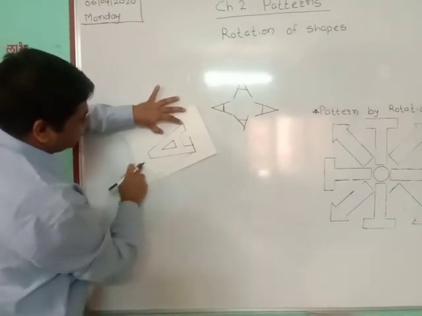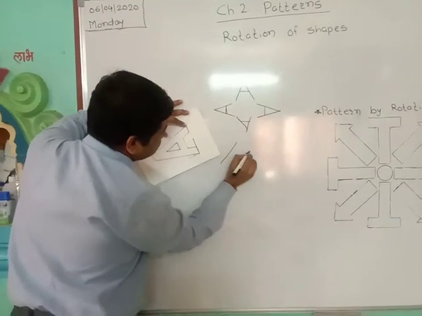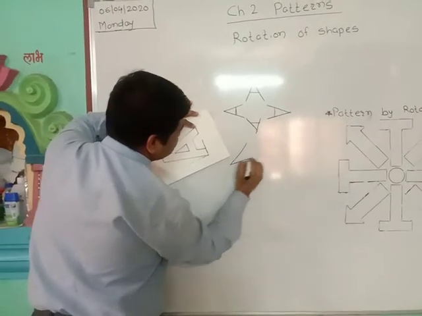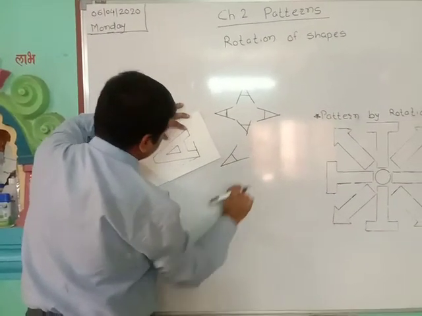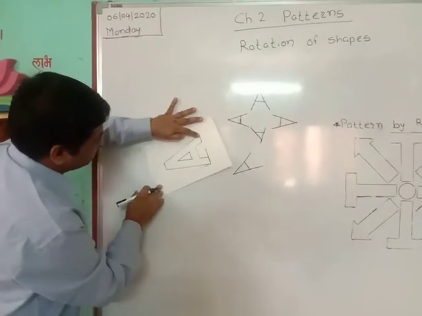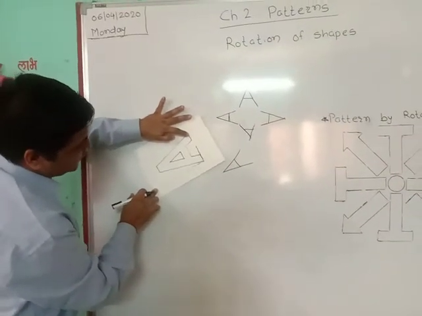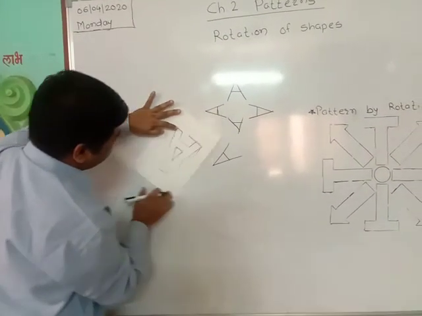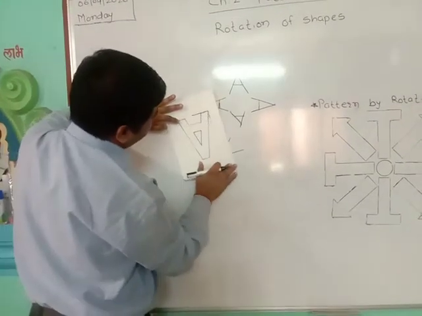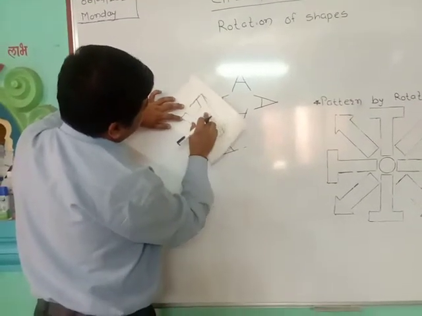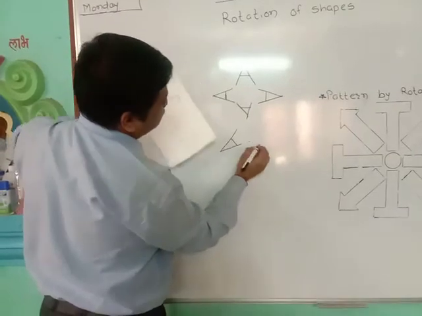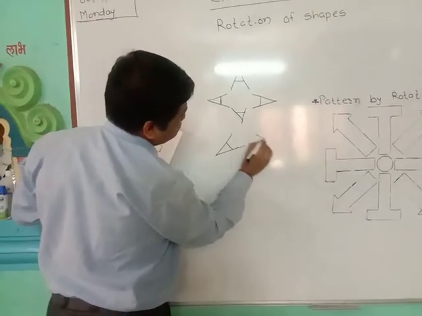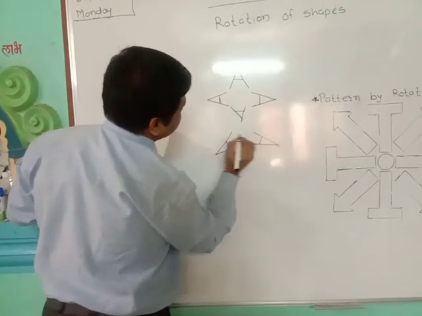So your A will be pointing to this position at 8 o'clock. If I say again turn it through a 1/3 rotation in the anti-clockwise direction, from 8 I am going to 4. So your A is now pointing towards 4, and the new position of A will be like this.